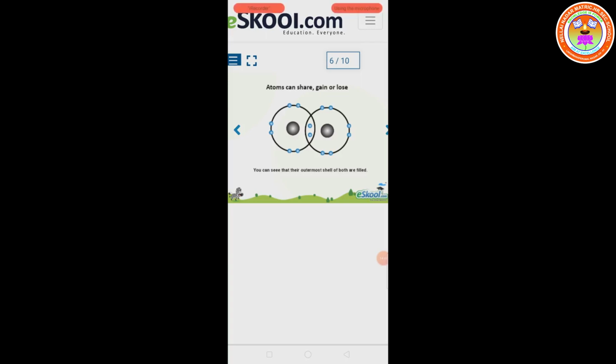Here the atom can share, gain or lose. Here consider two atoms, each outermost shell containing 7 electrons. So both outermost shells contain 7 electrons. So each shares 1 electron with the other atom.